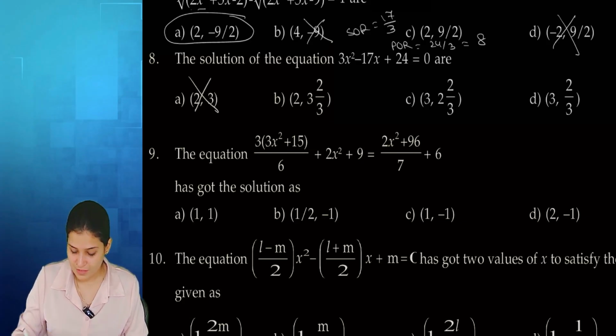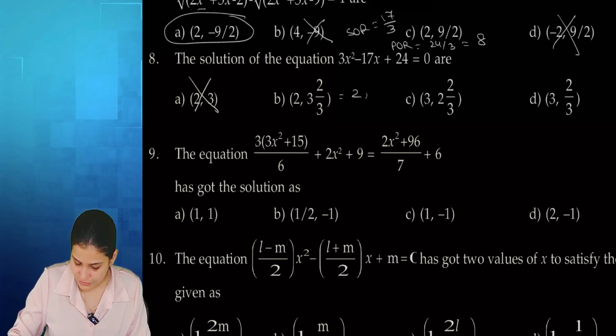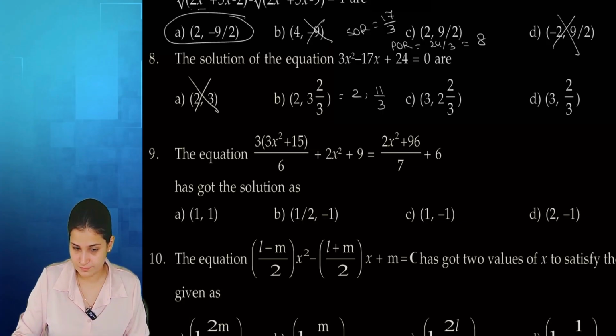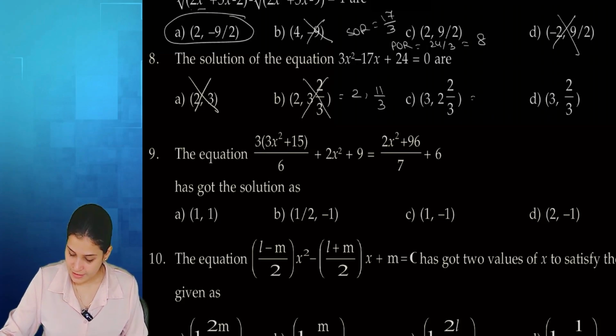Agree? Now this is 2, 3 3s are 9, 9 plus 2, 11 by 3. If I multiply them, do I get 8? Product of the roots should be 8. If I multiply option B, do I get 8? No. So this is incorrect. Here it is 3, 3 2s are 6 plus 2, 8 by 3.